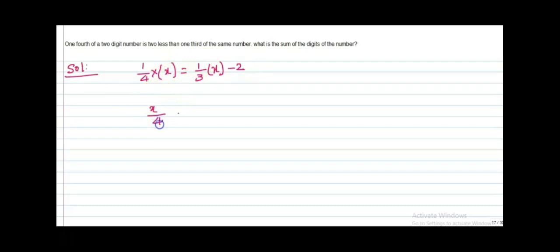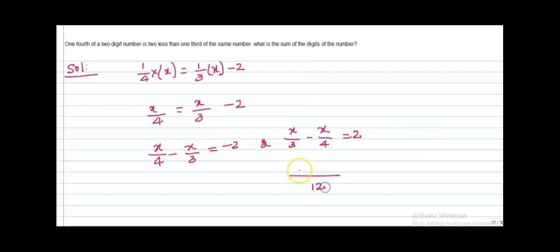So x by 4 is equal to x by 3 minus 2, or x by 3 minus x by 4 is equal to 2. If we take the LCM we get 4x minus 3x by 12 is equal to 2, which means x by 12 is equal to 2, or x is equal to 24. So the 2-digit number is 24. We need to find the sum of the digits of the number.